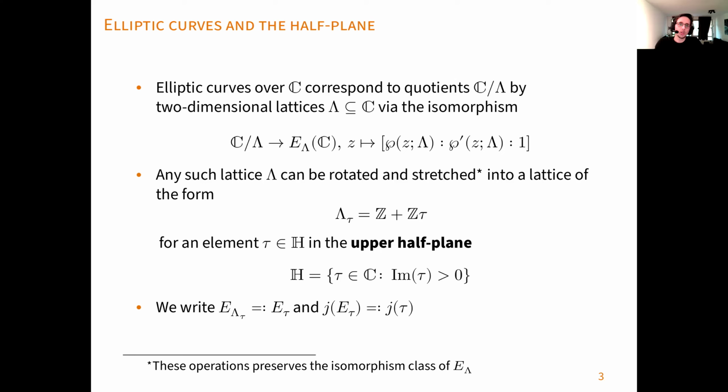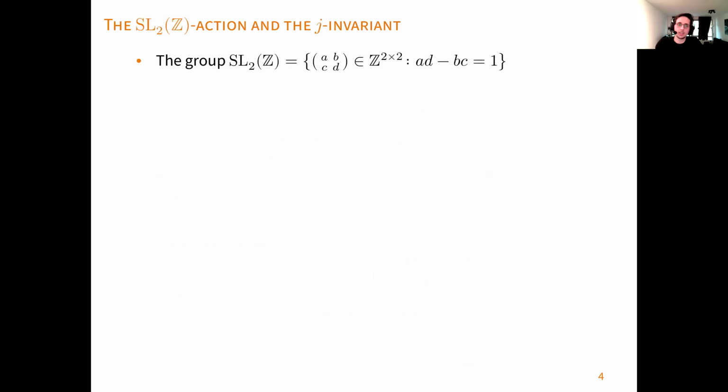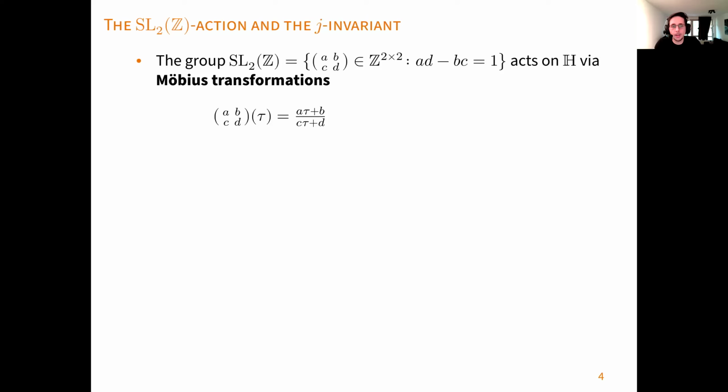So now for modular curves, the main observation is that the group of 2 by 2 matrices with integer entries and determinant 1 acts on the upper half plane via the so-called Möbius transformations, where you take the matrix (A, B; C, D) and act on tau by mapping it to (Aτ + B)/(Cτ + D).